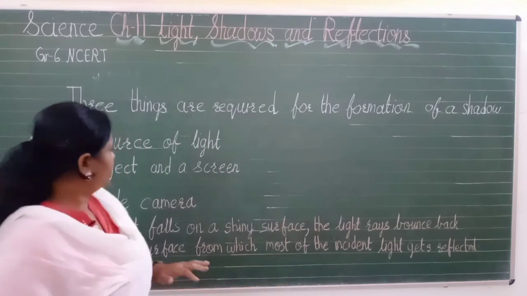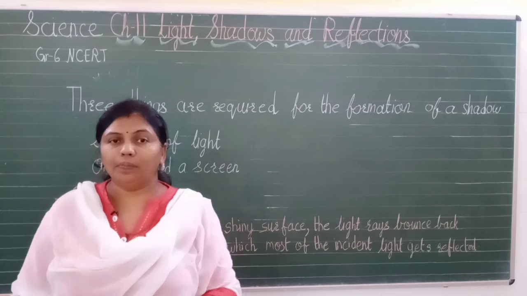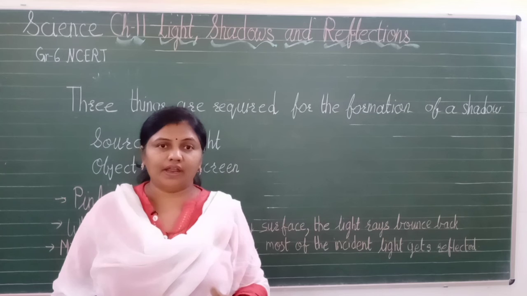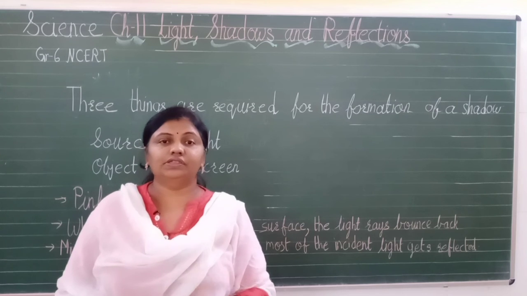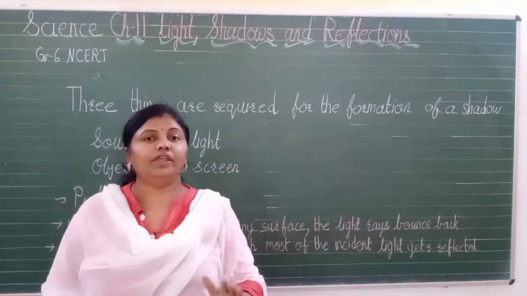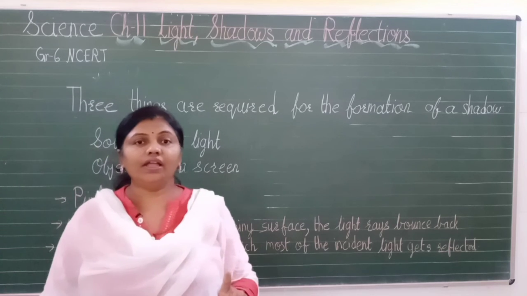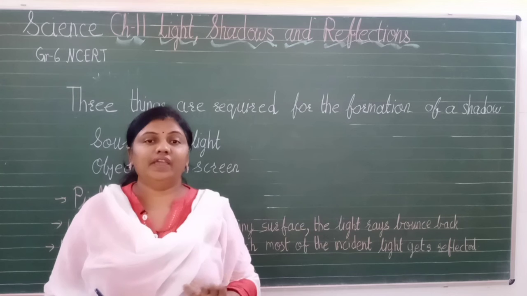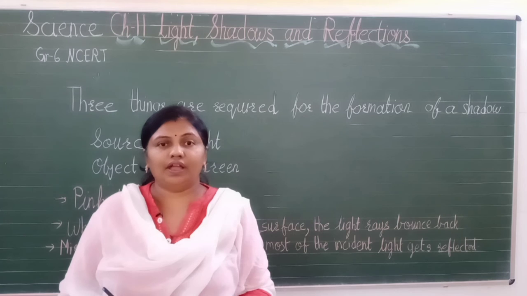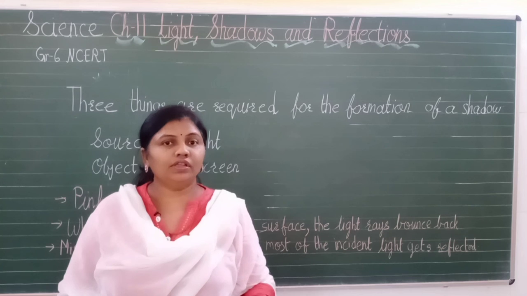So you are clear with luminous, non-luminous, transparent, translucent and opaque. Light always travels on a straight path, and a pinhole camera works on the principle of straight line propagation. A pinhole camera is inexpensive and very easy to make, but the image obtained by it is always inverted and small in size.